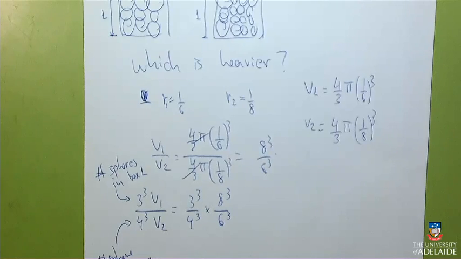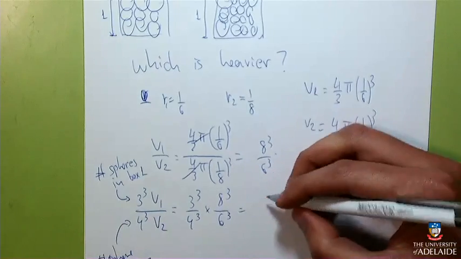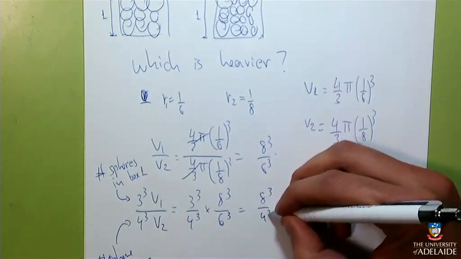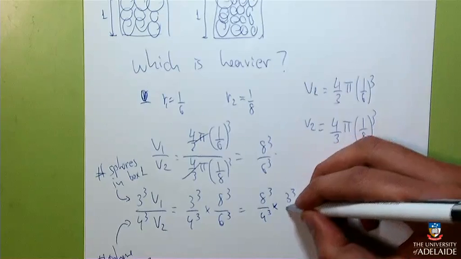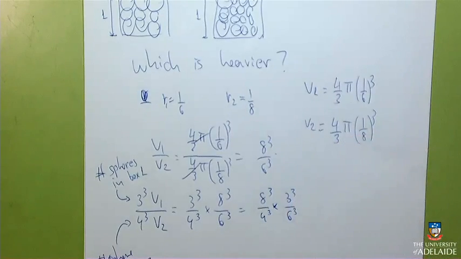Okay, so what does it tell me? If it's greater than 1, V1 is heavier. Yeah. So can you help me compute this? Let's rearrange these: 8 cubed over 4 cubed times 3 cubed over 6 cubed.